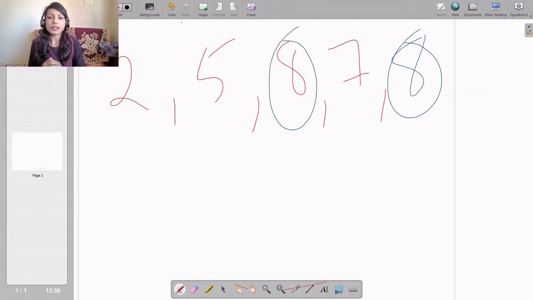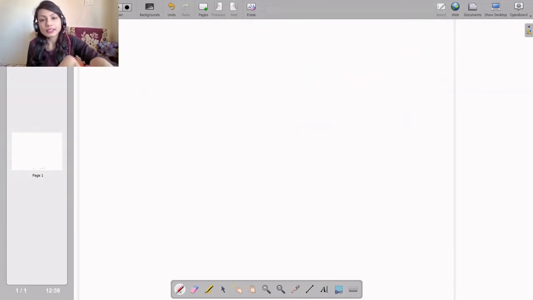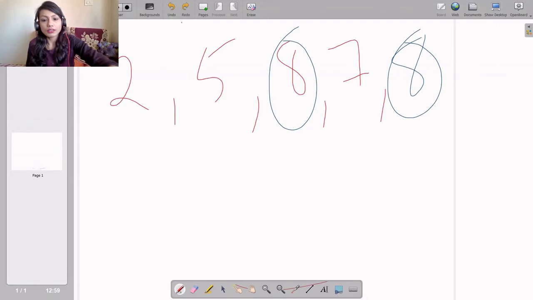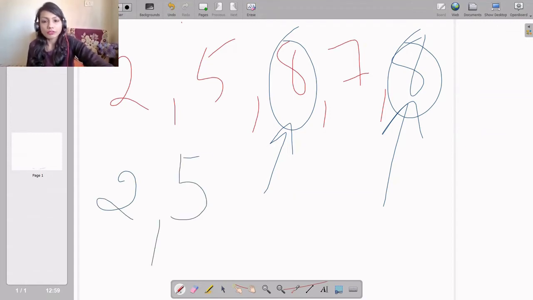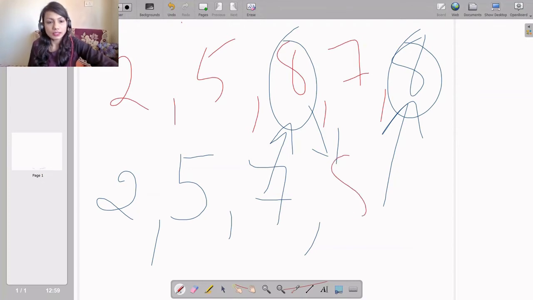When sorting in ascending order, we have to make sure that the first 8 stays in the first position compared to the other 8. So when we sort, what will be the answer? 2, then 5, then 7, then this first 8, then we write the other 8. So that is the meaning.